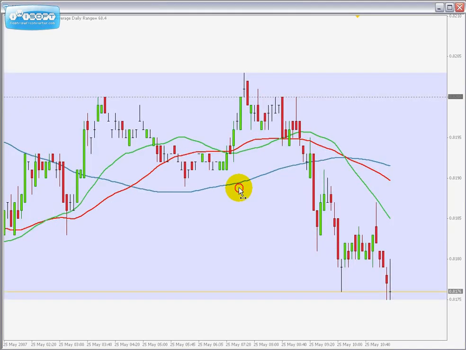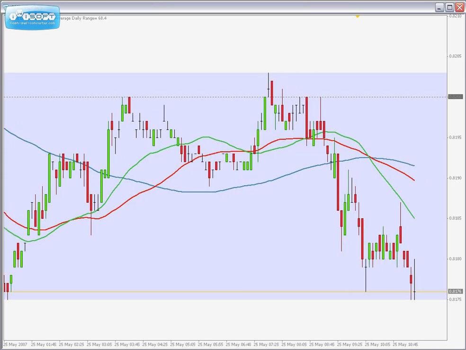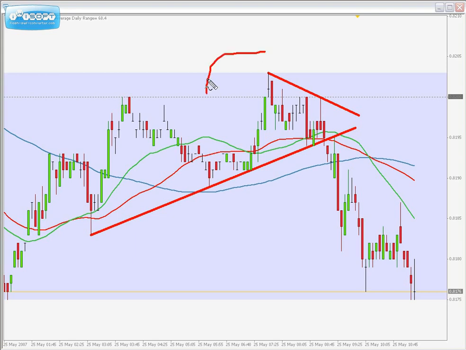So in the 5 minute chart, we see a nice formation that you'll probably recognize very quickly. It's a triangle formation, and the breakout of the triangle can be used to trigger our entry. Do you see this triangle, guys? Right there.